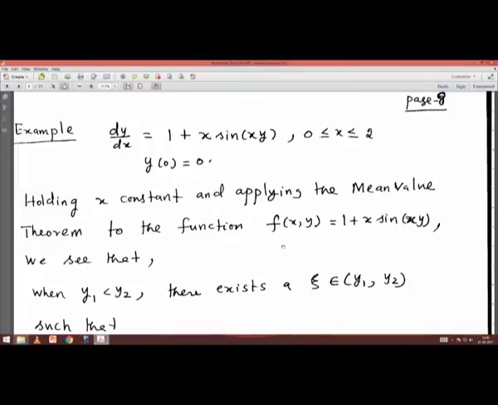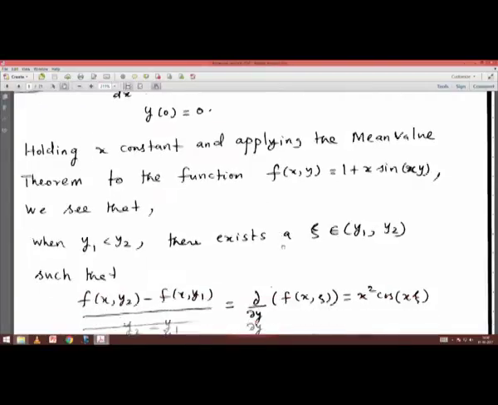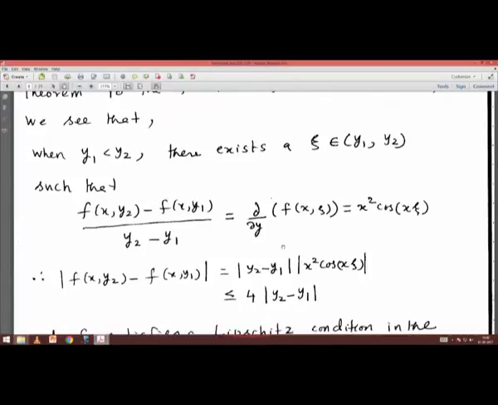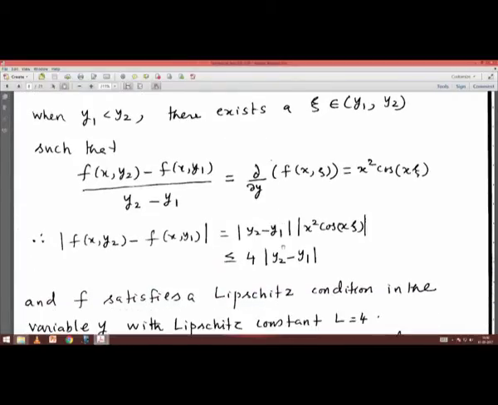Suppose I hold x constant and apply the mean value theorem to this function f(x, y), then we see that whenever y1 is less than y2, we can find a psi belonging to the interval y1 to y2 such that (f(x, y1) minus f(x, y2)) by (y2 minus y1) is the partial derivative of f with respect to y evaluated at (x, psi), where psi lies between y1 and y2.